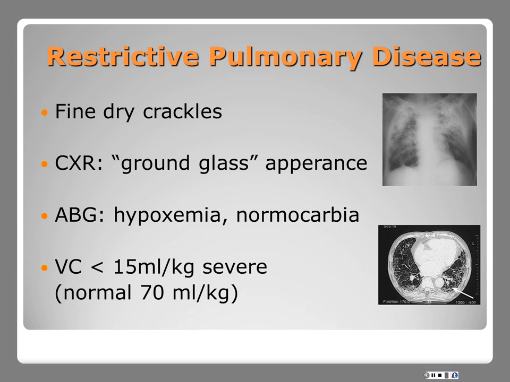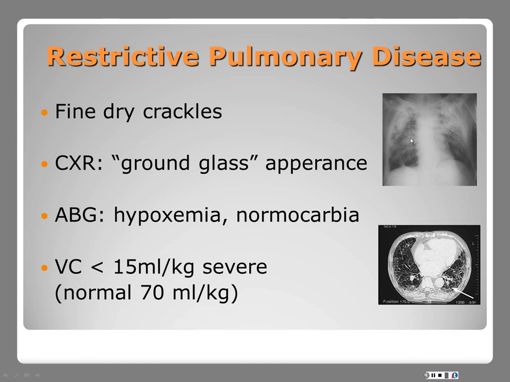The characteristic or classic picture of restrictive pulmonary disease is fine dry crackles, and on the chest x-ray shown here, not hyperinflation, but this fine ground glass appearance. The actual lung tissue is affected everywhere pretty equally.